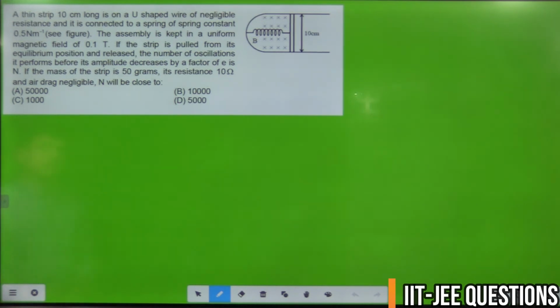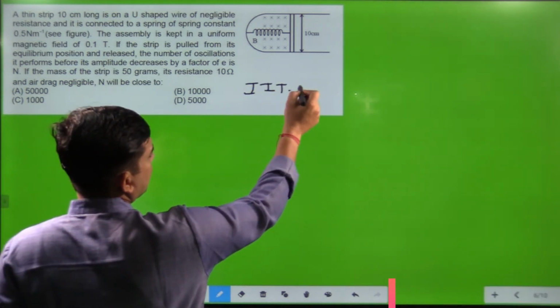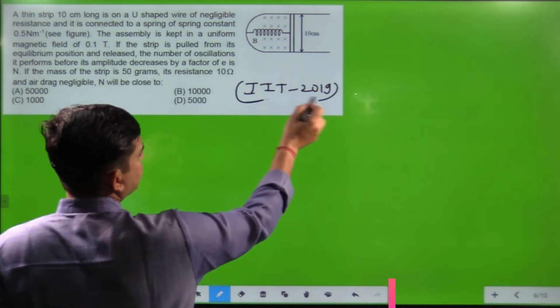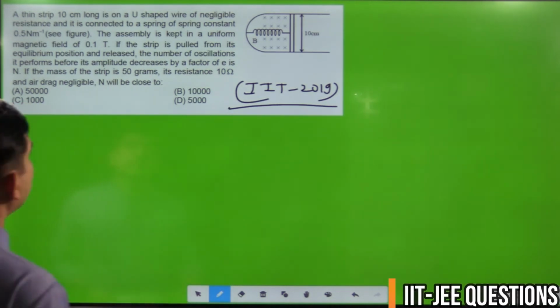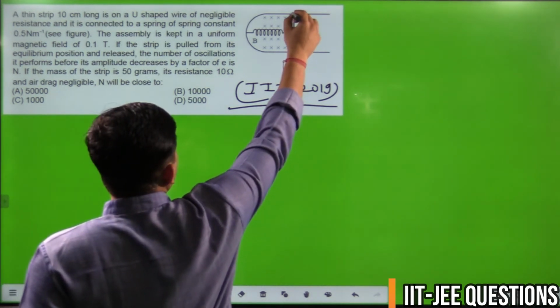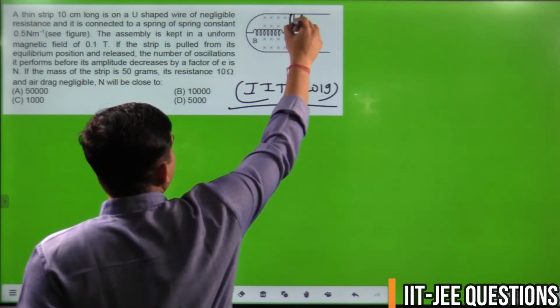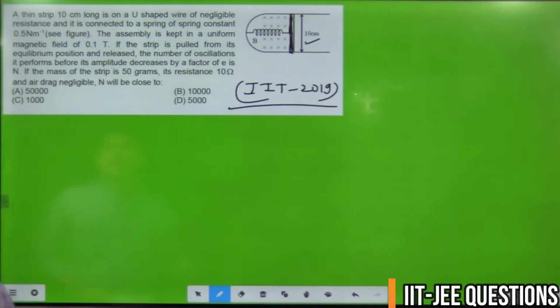The next question is based on oscillation and wave, again IIT 2019. A thin strip 10 centimeter long is on a U-shaped wire of negligible resistance.